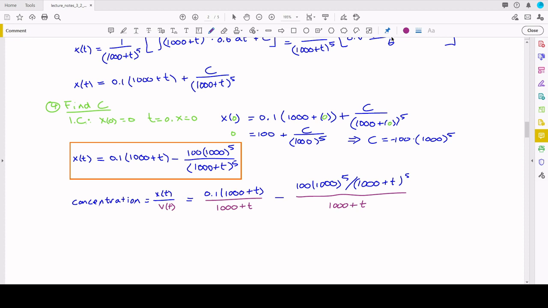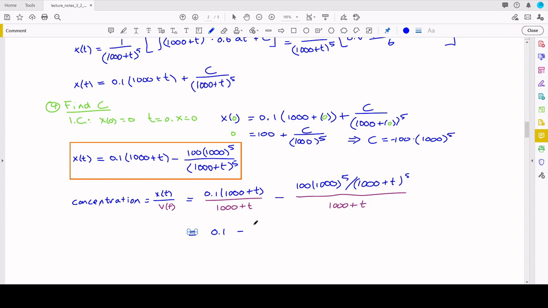And let's clean that up a little bit, because 1000 plus t and 1000 plus t, that cancels. So our concentration, the first part is 0.1 minus, and if we divide 1000 plus t to the power 5 in the denominator by 1000 plus t, that gives us a power 6.